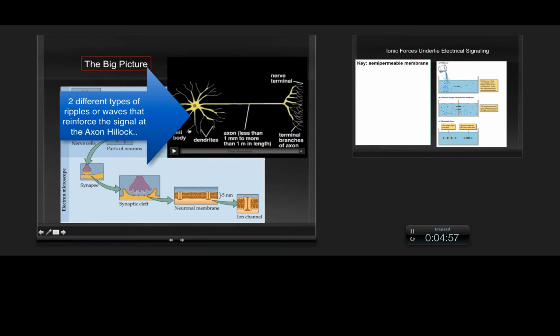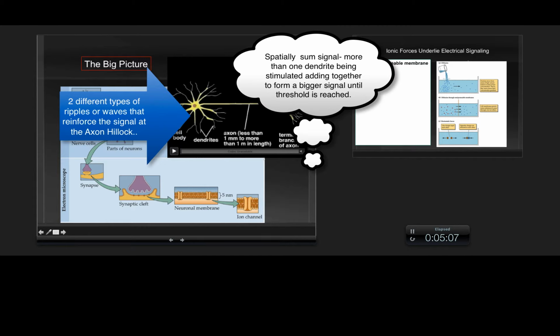So the other way was, instead of just the same spot being hit over and over, let's say there were a couple of flies, or a bigger fly that was stimulating more than one receptor, and let's say over space, both of these ripples in a pond add up to give you a bigger ripple, which hits threshold.